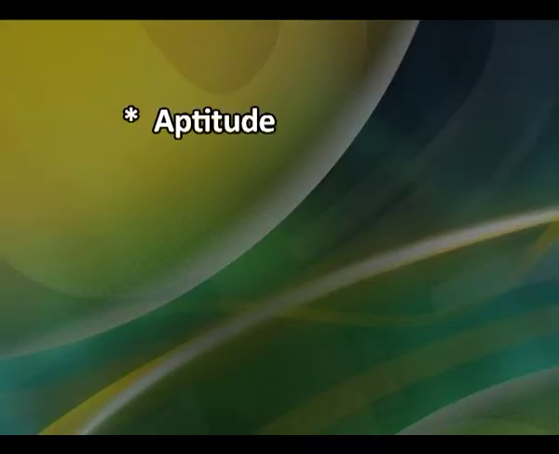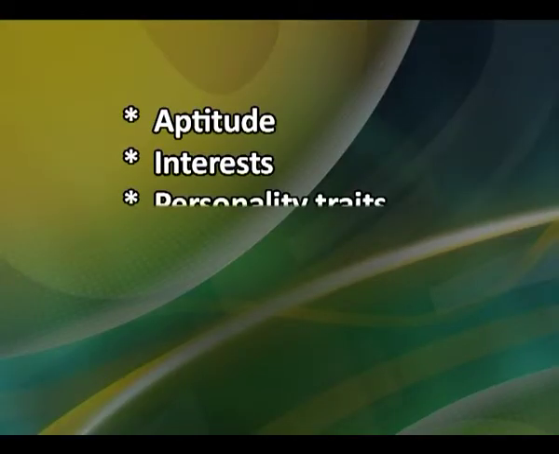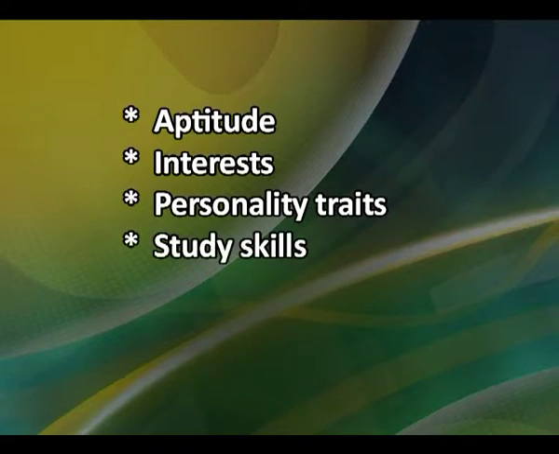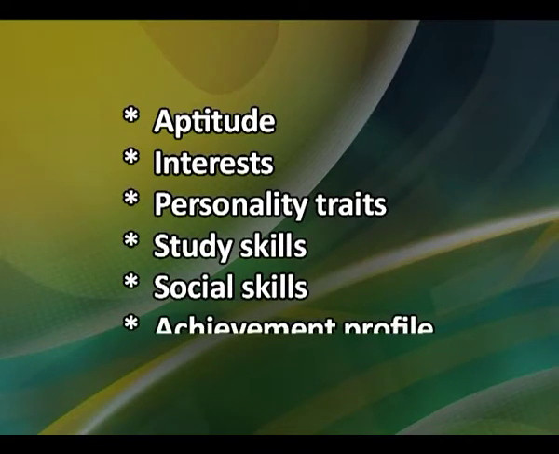The student's aptitude, interests, personality traits, study skills, social skills and achievement profile are assessed with a view to enabling him to make an optimum vocational, educational and social adjustment. Through the process of counseling, information about the individual and about his environment is organized and reviewed to enable him to reach workable solutions to a variety of adjustment problems.